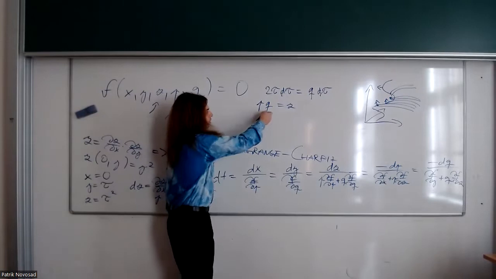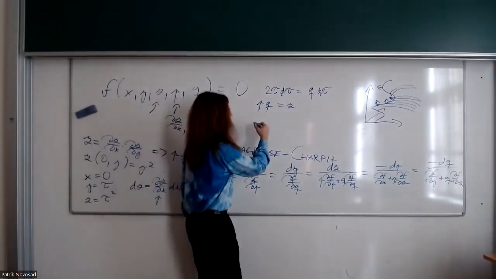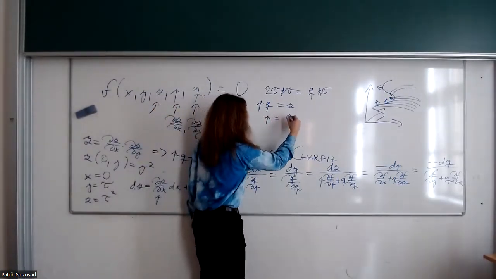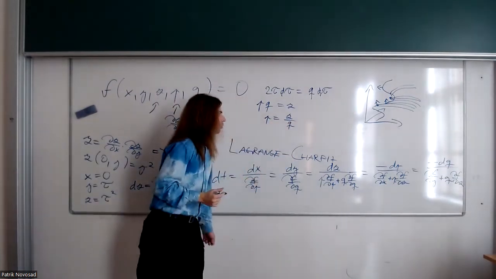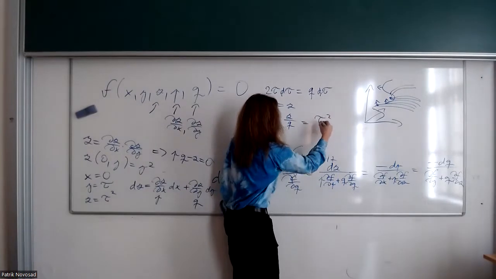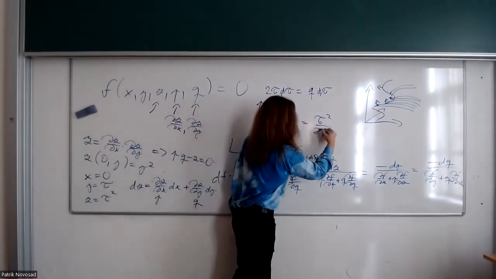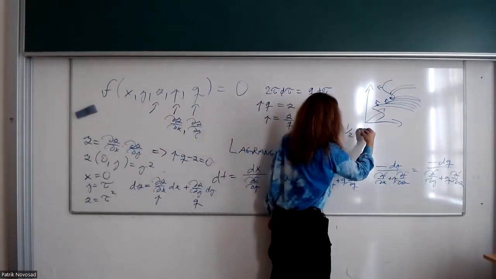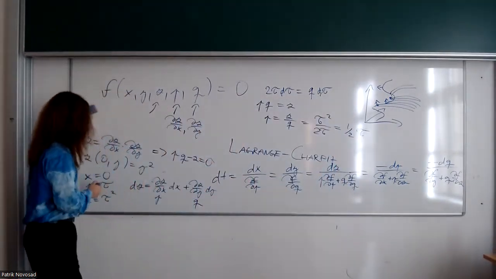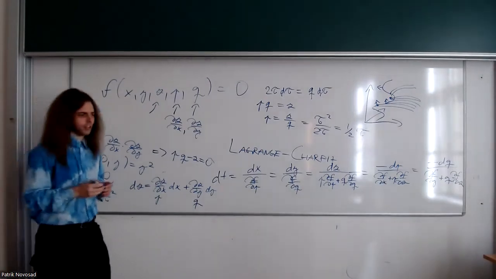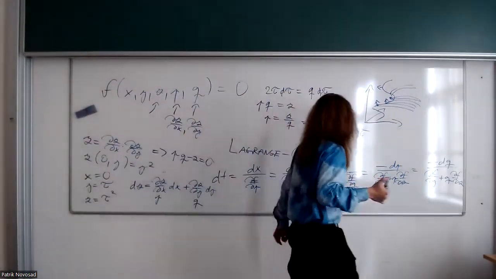From that, when we know q, we can obtain p, like z over q. Since z is tau squared and q is 2 tau, we get just half of tau. So in this way, we have completed the data of the normal.